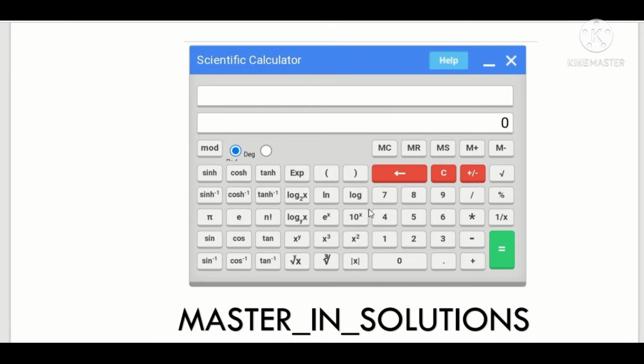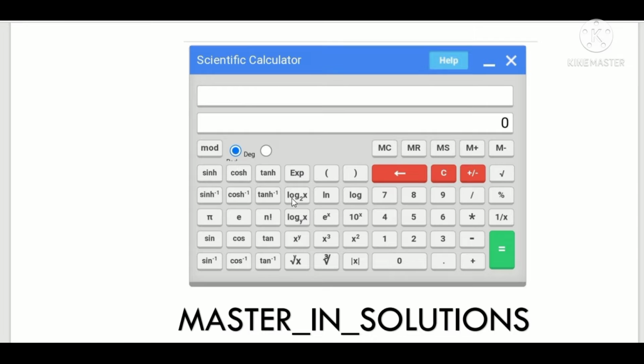It has a degree mode and a radians mode, numbers, and some of the operations used in mathematics. We have sine, cos, tan, and sine inverse, cos inverse, tan inverse, and also sinh, cosh, tanh, and sinh inverse, cosh inverse, and tanh inverse.